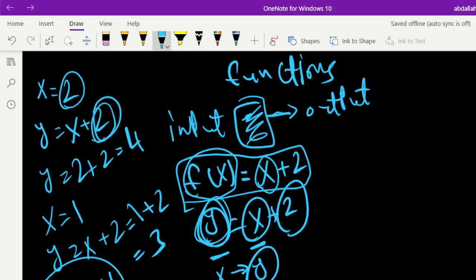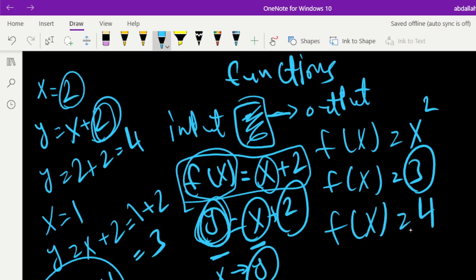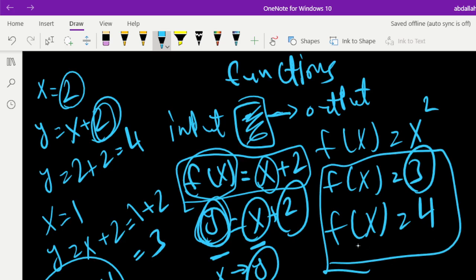But this is not the only type of function. We have different types of functions. For example, if f(x) equals x squared, this is called a quadratic function. If f(x) equals 3, or 4, or any digit, this is called a constant function.